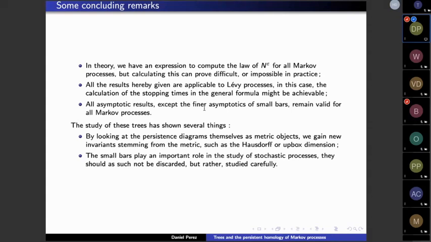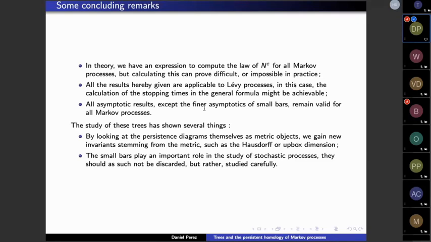And in this way, we can study some new invariants, which actually stem from the metric on the persistence diagrams themselves, such as the Hausdorff dimension of this object, or the upbox dimension, or other metric invariants, which you can define. And these turn out to be significant, in particular when we are looking at processes which are very irregular.